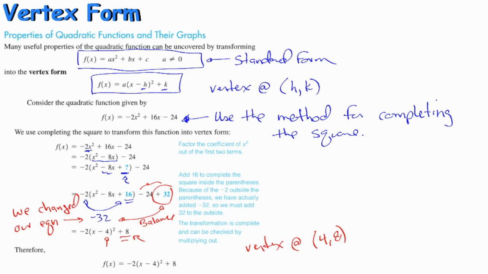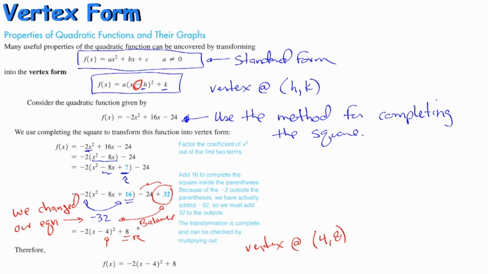So one of the oversights is sometimes students don't pay attention to this negative that is in the formula. So if this were to say x plus 4 in the parentheses, that would mean our h value is -4. So it needs to be x minus 4 to indicate that our h value is +4. And similarly, if this said -8 out here, our k value would be -8.